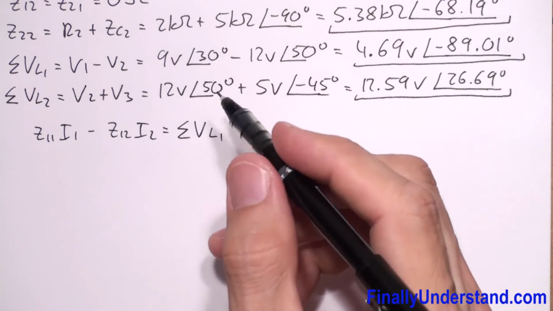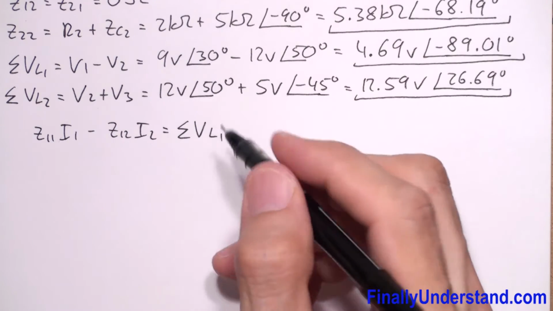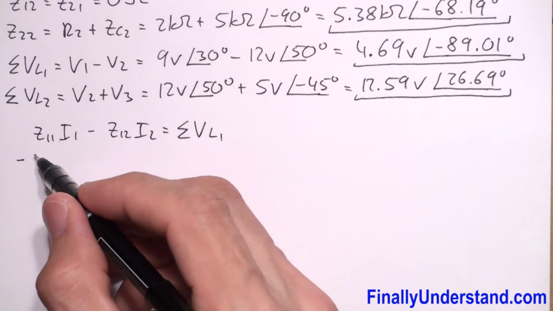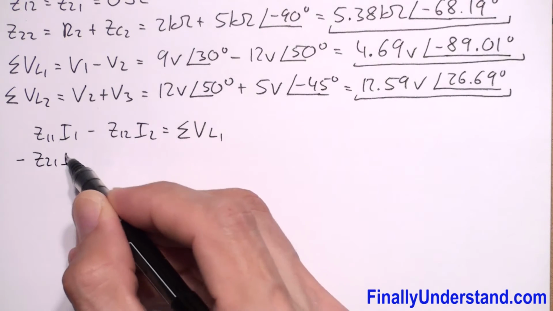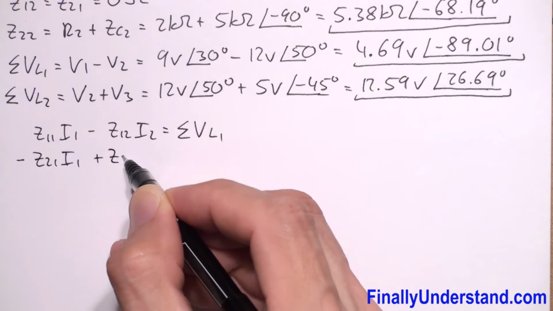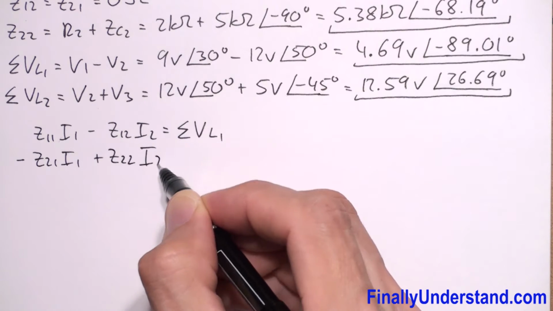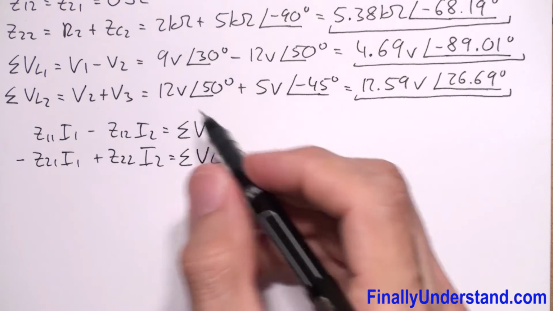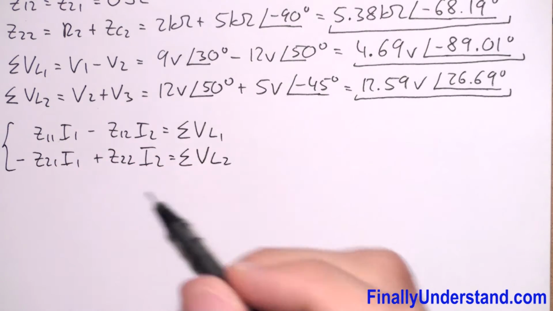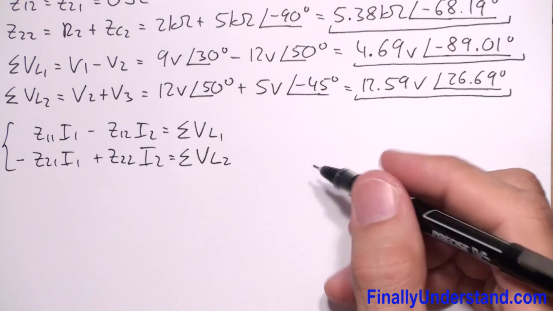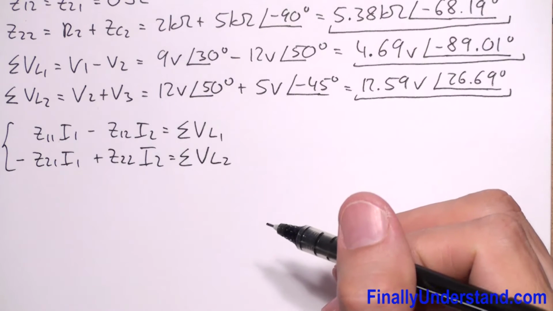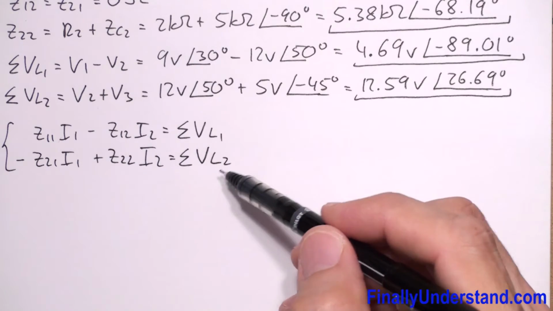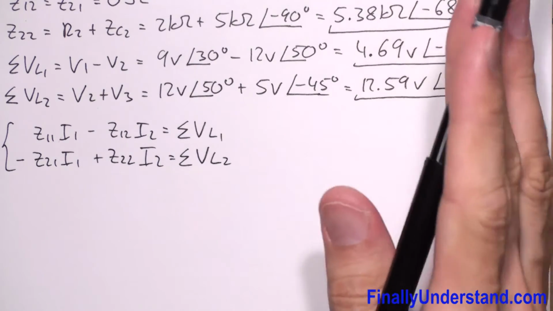Okay, so this is the first formula for the first loop, and I have negative Z21 I1 plus Z22 I2 is equal to the sum of the voltages in loop 2. Okay, so this is my general formula for two-loop mesh analysis. Next I'm going to substitute these by the values which I got.